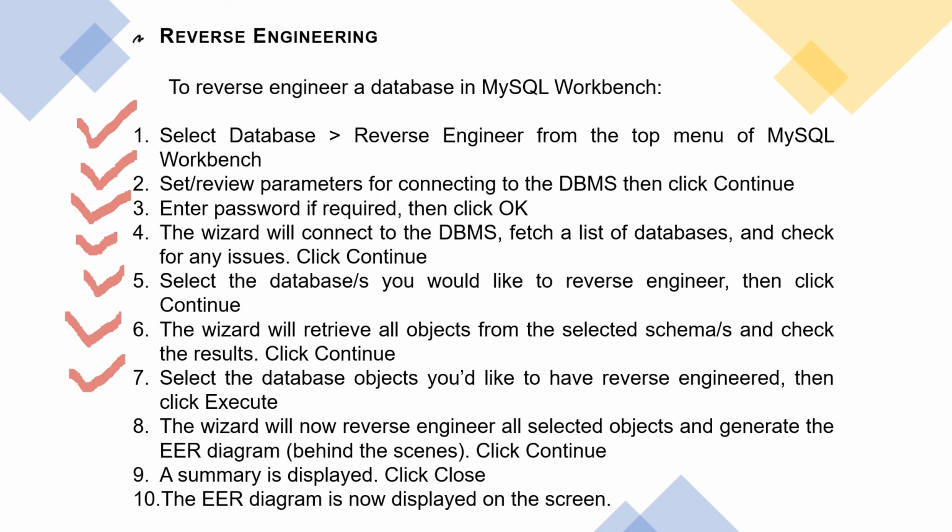Select the database objects you'd like to have reverse engineered, then click Execute. The wizard now reverse engineers all selected objects and generates the ER diagram, then click Continue. A summary is displayed, then click Close. The ER diagram is now displayed on the screen.